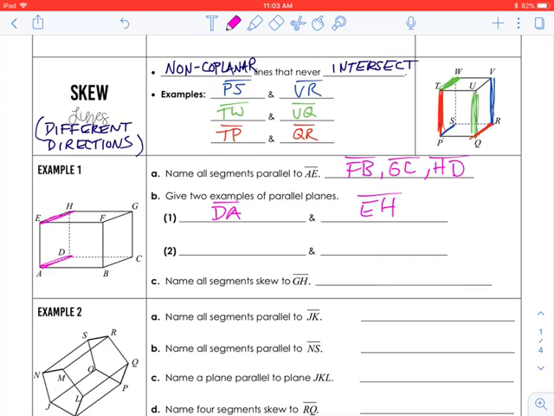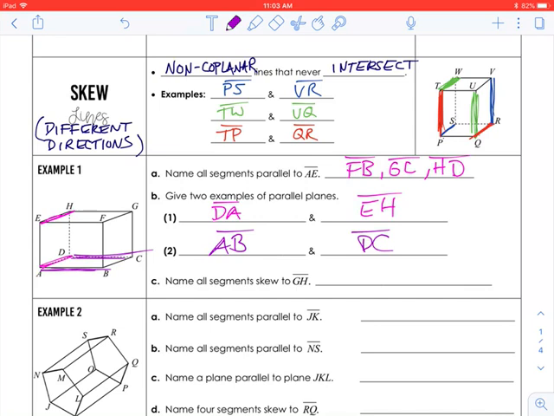Okay. Another example, let's go left to right. So something like AB is going left to right. And so something parallel to that would be like DC.